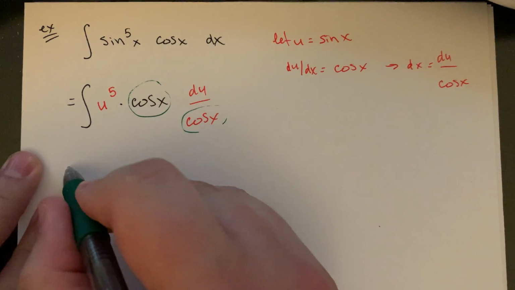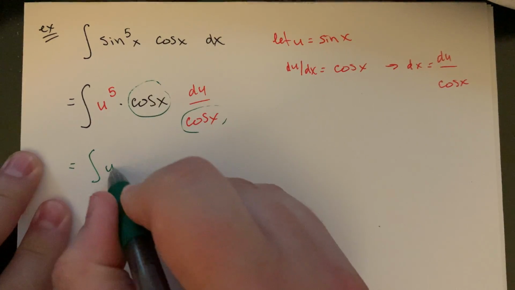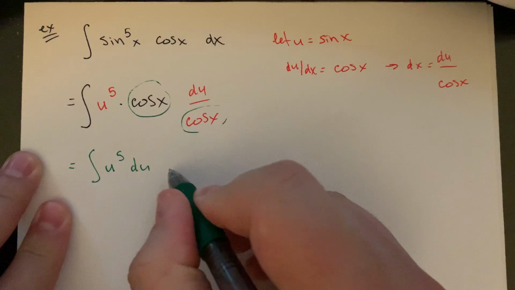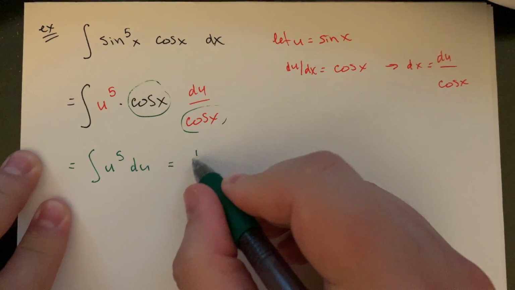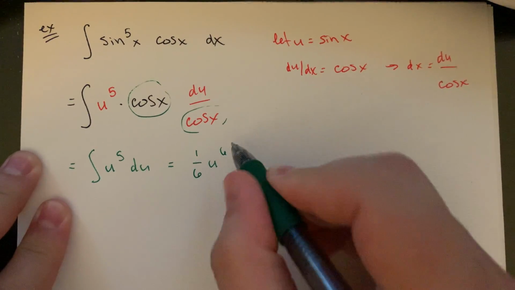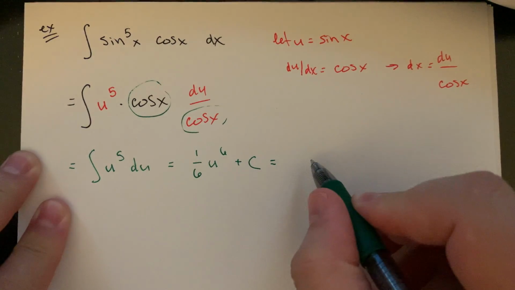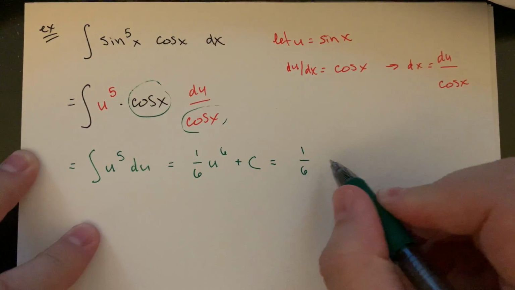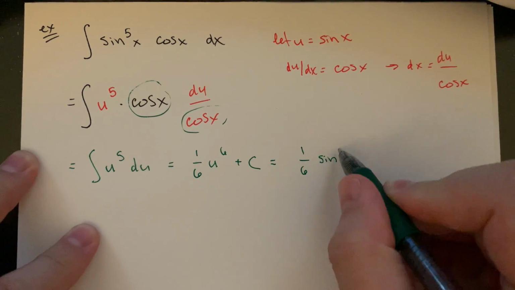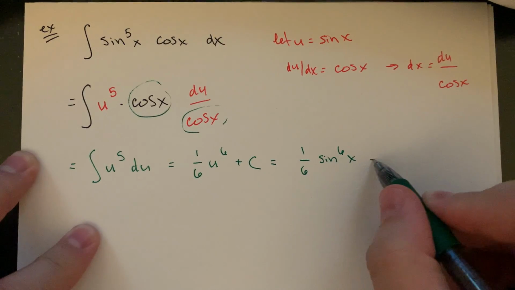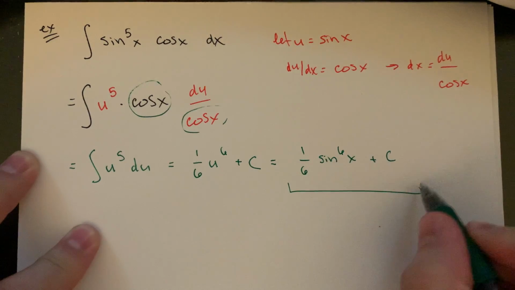Cosine will cancel cosine. So then this is really just the integral of u to the 5 du. So that's just a nice power rule, right? So that'd be 1 over 6 times u to the 6 plus big C. And so then rewritten, that's sine of x to the 6, over 6, plus big C.